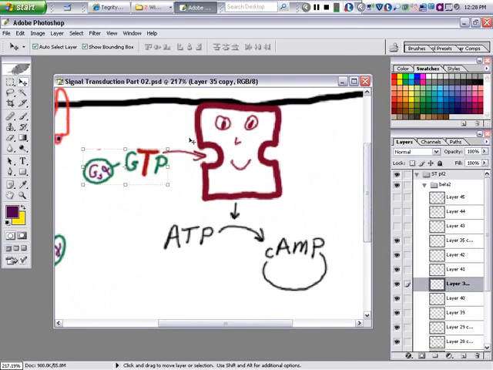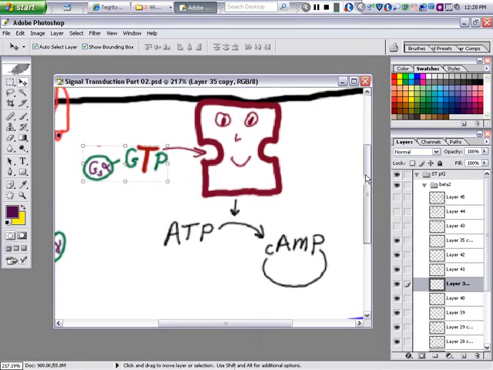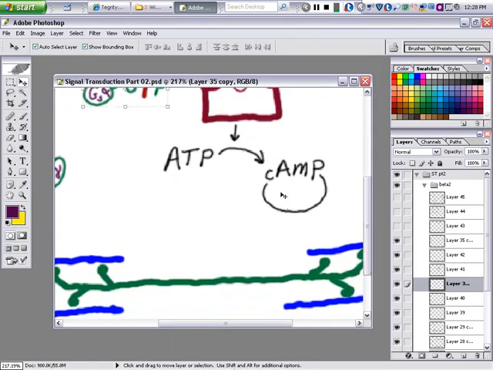We said one other thing. The job of this protein is to turn ATP into cyclic AMP. I shouldn't have to write this because it should make sense, but I'll put the name of it.